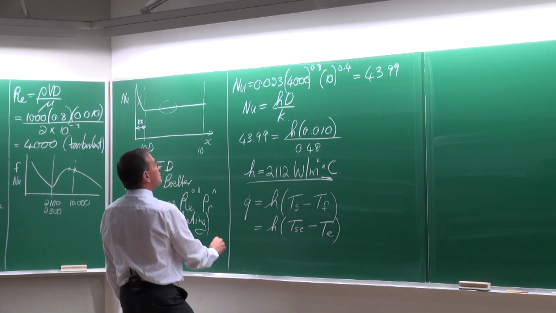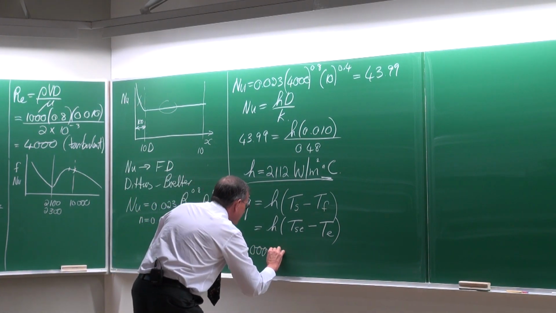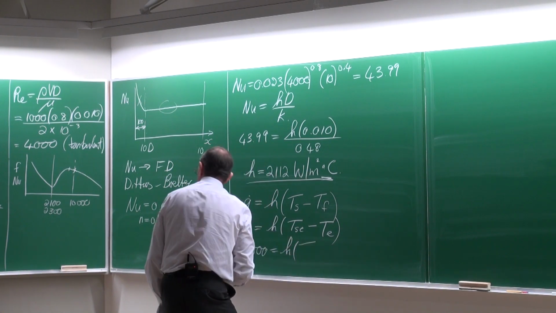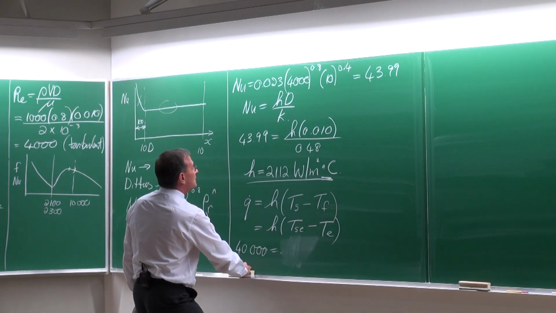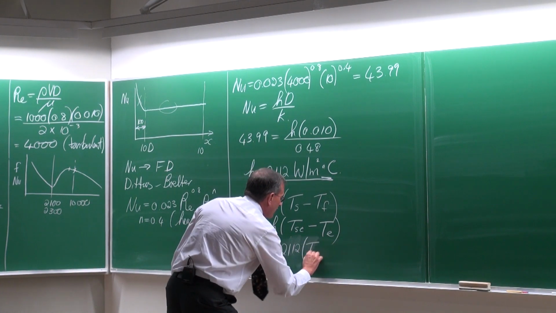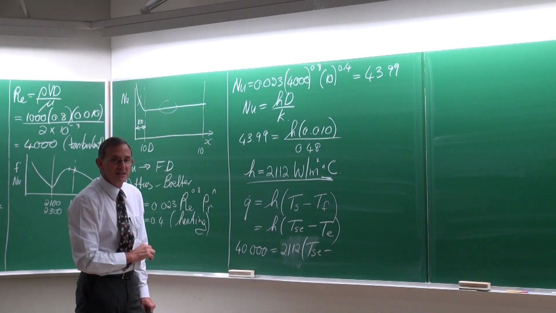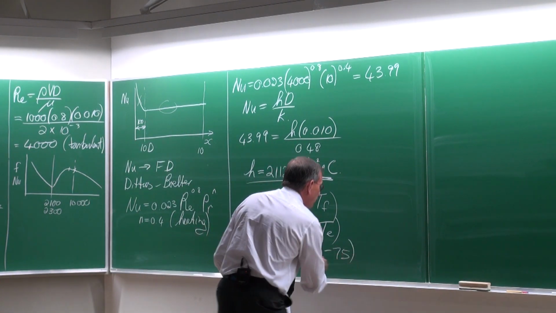The heat flux is 40,000. It's equal to the heat transfer coefficient we've already determined, 2,112, multiplied by the surface temperature at the outlet minus the fluid temperature at the outlet, which is 75.